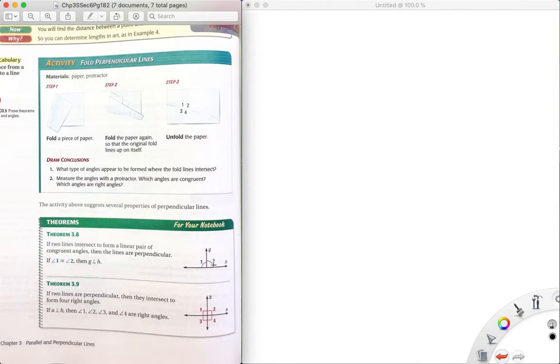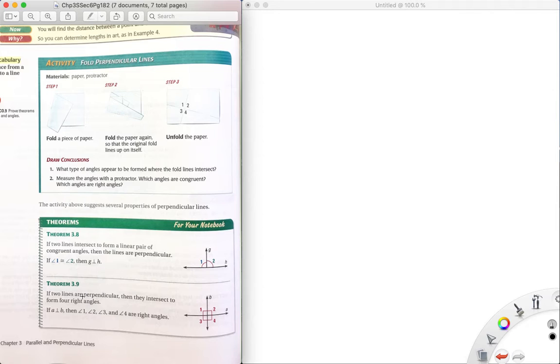So I know that 1 plus 2 equals 180. If I know that 1 is equal to 2, then they both must be 90 degrees. If they're 90 degrees, then they're right angles, and if they're right angles, then they're perpendicular. So the lines must be perpendicular to each other.